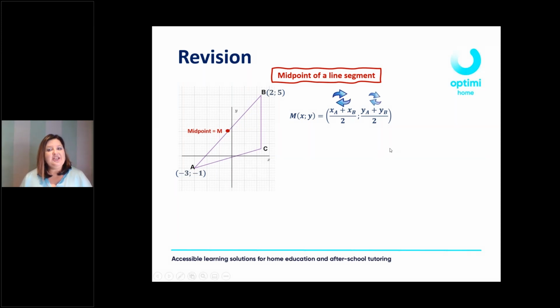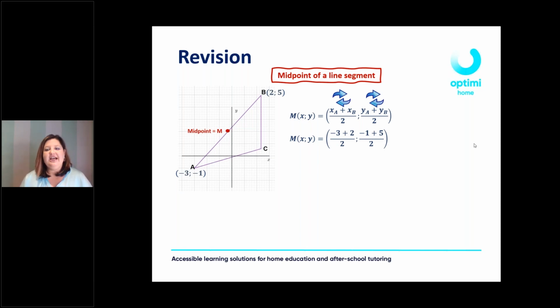This can again be swapped around. You can do your B first, your A second, but remember that your order between the X and the Y coordinate should be the same. If you had your B first, your A second at your X's, you need to have your B first and your A second at your Y values. Yeah, so you just substitute it in there.